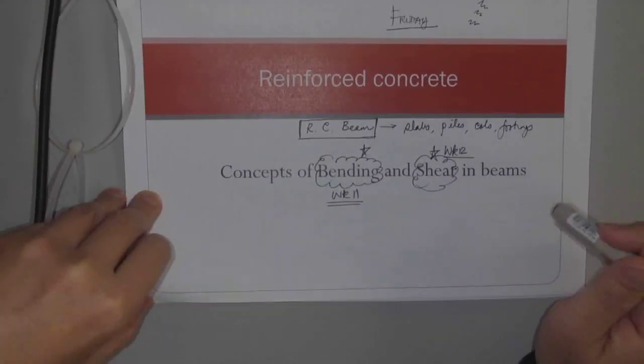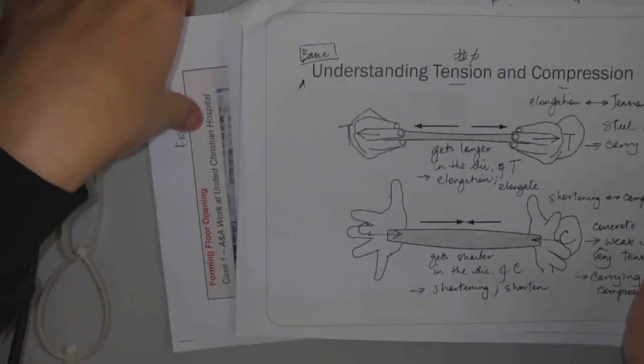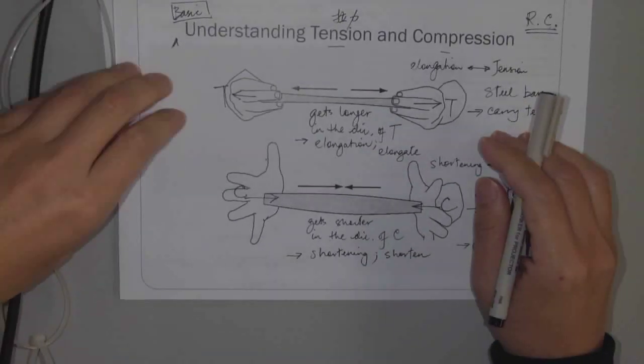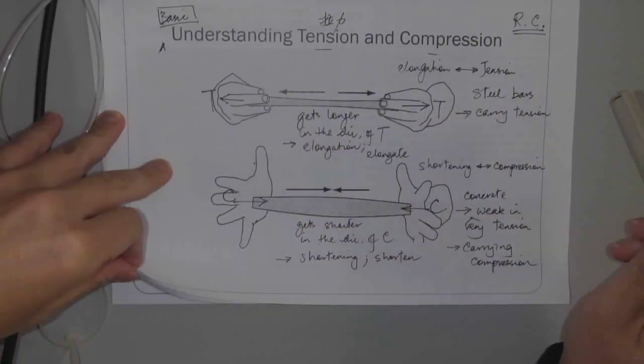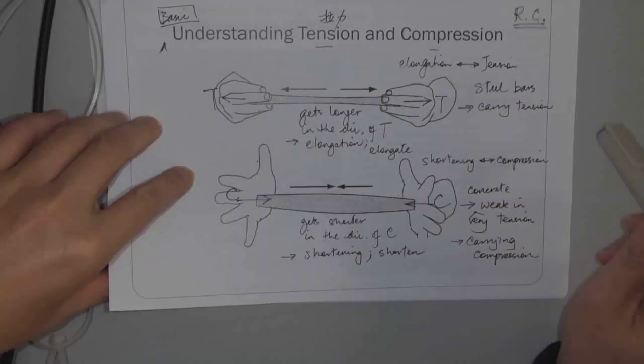Right, so this is what we were talking about last week. We mentioned some very basic things last week about tension and compression and elongation, shortening, right?